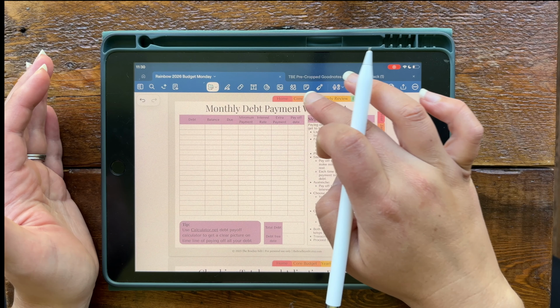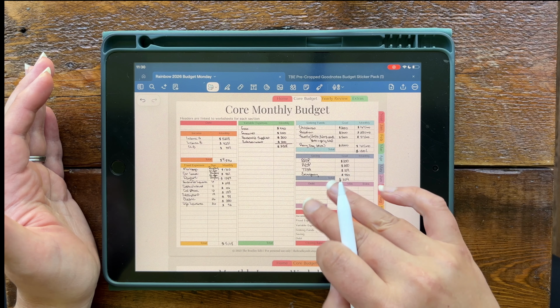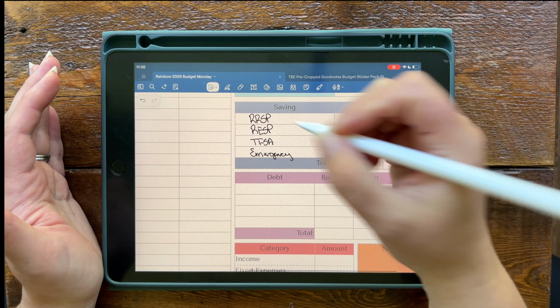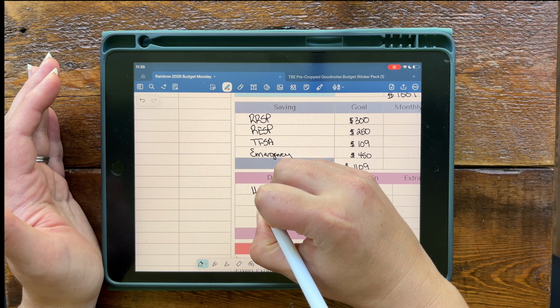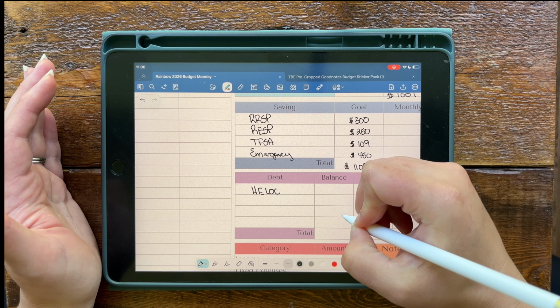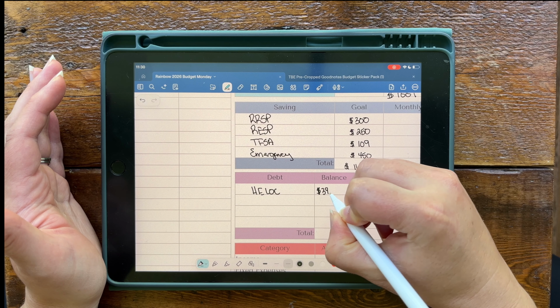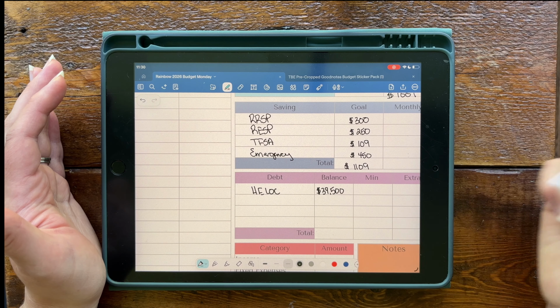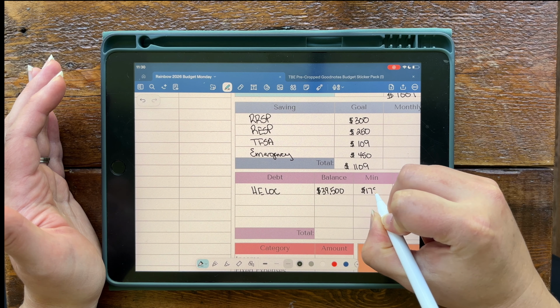So let's go back to our core budget, and I'm going to put my debt on there, which is our HELOC. The balance is $39,500, and our minimum payment is $178 per month.